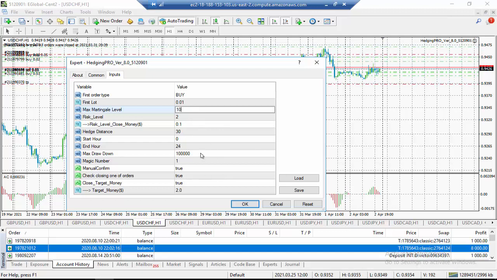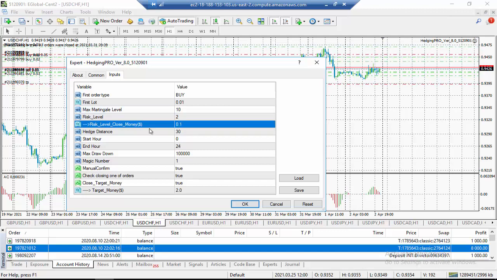So like this one now, if you look at it, risk level is 2. Close target is, if you look at this, 10 cents, it's not $1. And if you look at this, hedging distance is 30. 24 hours trading, my maximum drawdown is this. Magic number is 1 because that's my first chart for buying. And manual confirmation is true.